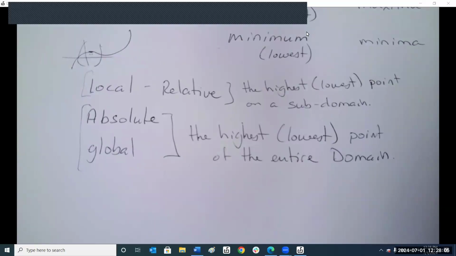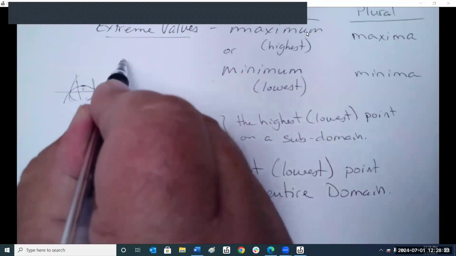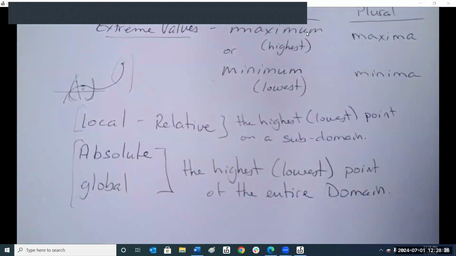So can you have more than one maxima? You just said it. You can have a relative and you can have an absolute. Can an absolute be a relative? Yes, because you can make it a smaller domain.